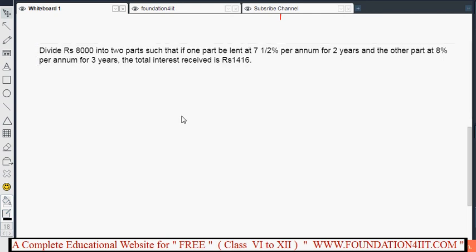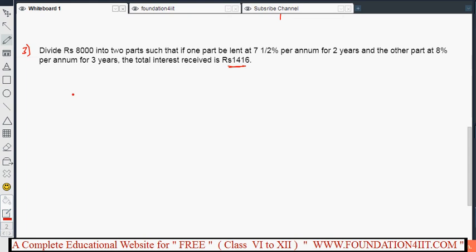Then we have to divide that principal. So 8000 is divided into two parts, but one part is given with a different rate percent for a different time, and the other with a different rate percent for a different time. So the interest received is finally 1416. The total should be 1416. So here two parts, total is 8000.